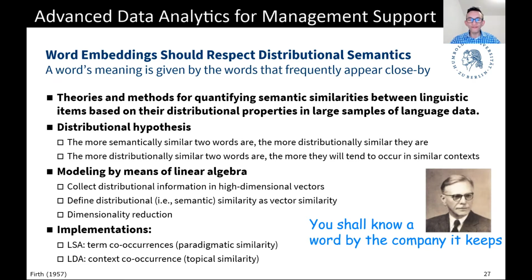It's a bit similar with LDA, where we also focus on similarity, but it's the topical similarity that's key to LDA. Both techniques, that's the key take home here, emphasize the importance of similarity. Paradigmatic in the case of LSA and topical in LDA. This is how we could refer to that.